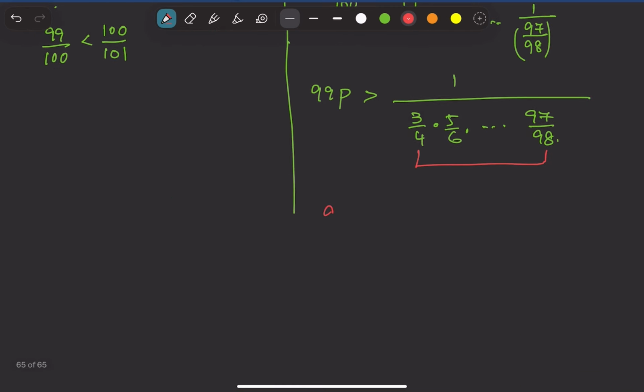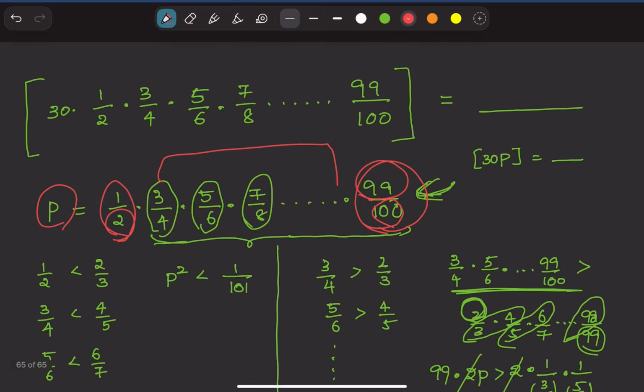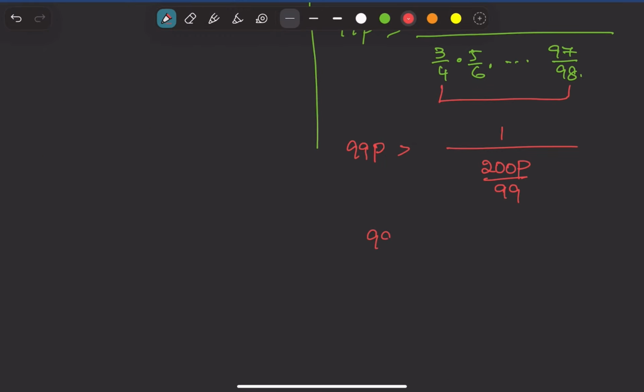So this is 99p greater than 1 upon 200p by 99. This is the same as 99p greater than 99 upon 200p. So 99 and 99 get cancelled. So this is the same as p square greater than 1 by 200.